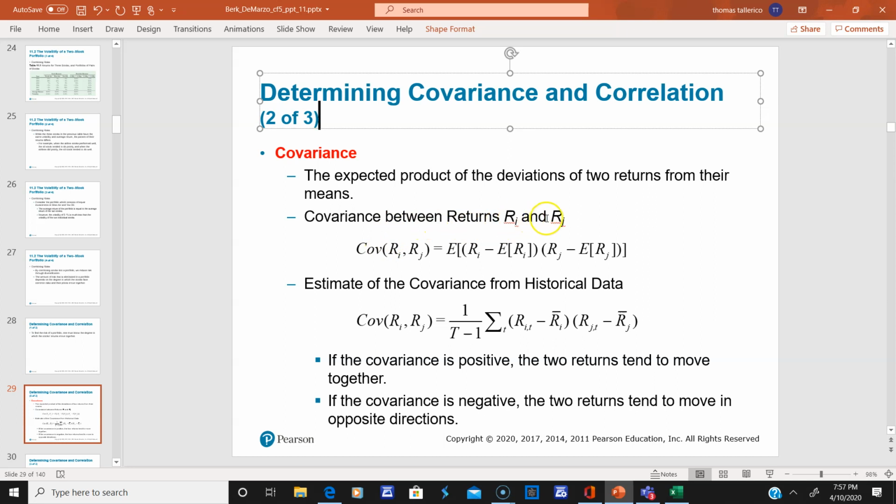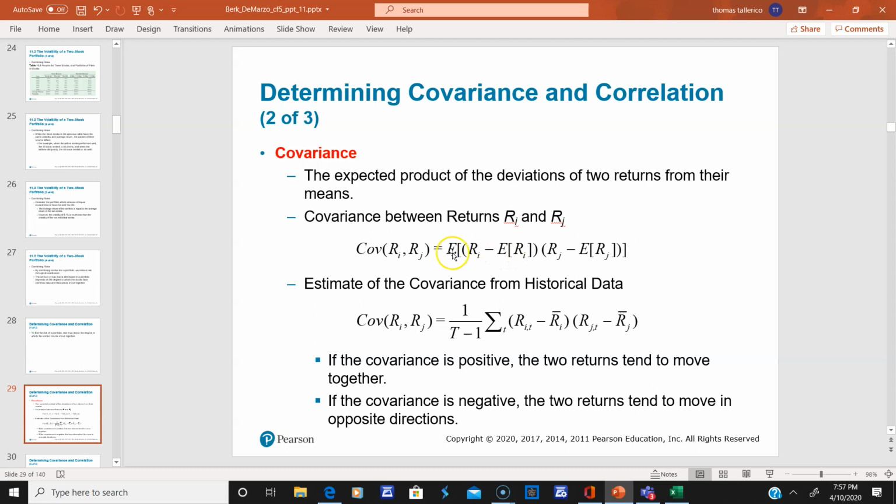So we have R_i and R_j here. Here's two examples. We have two returns. What's the covariance between R_i and R_j? We take the return of R_i minus the expected return of R_i.